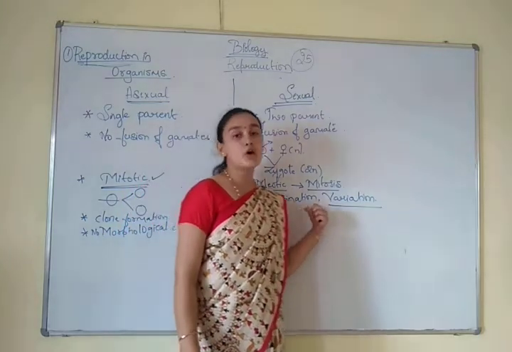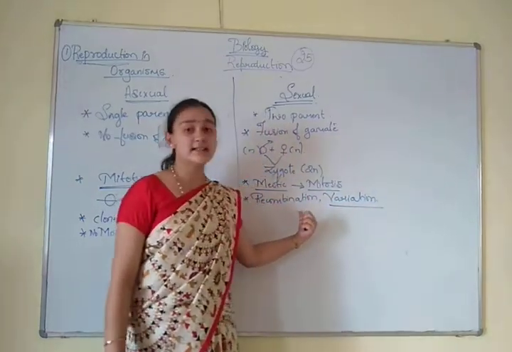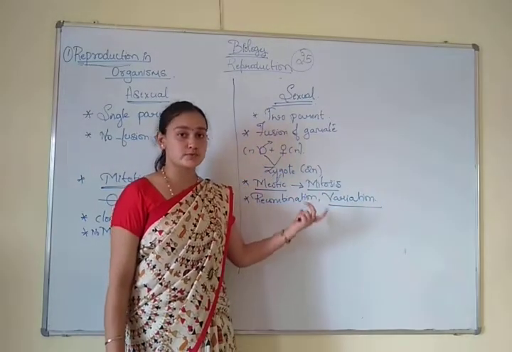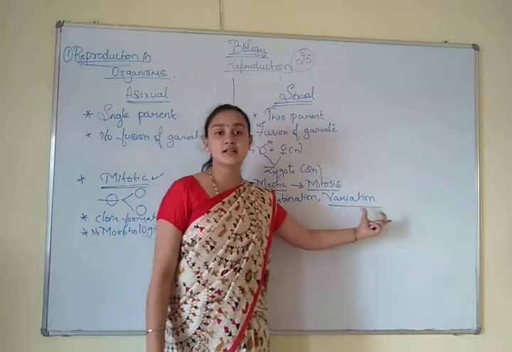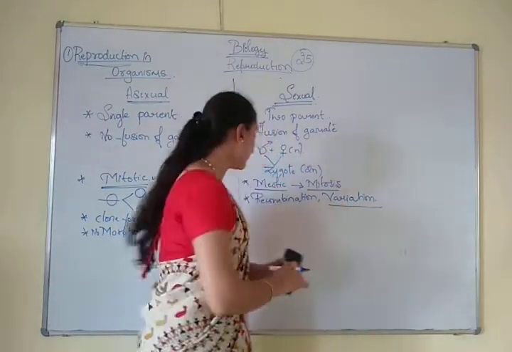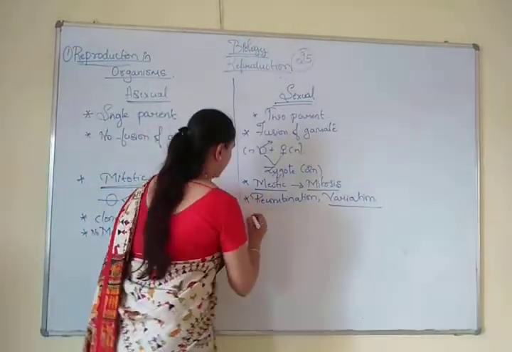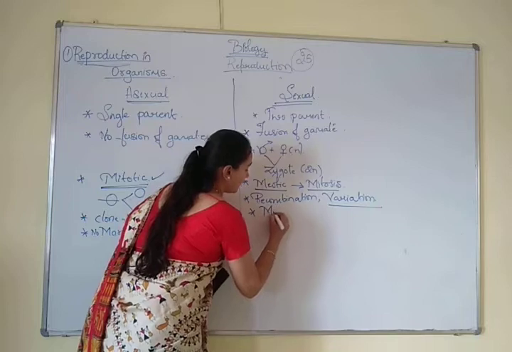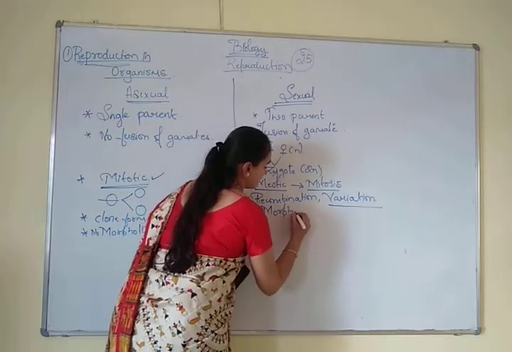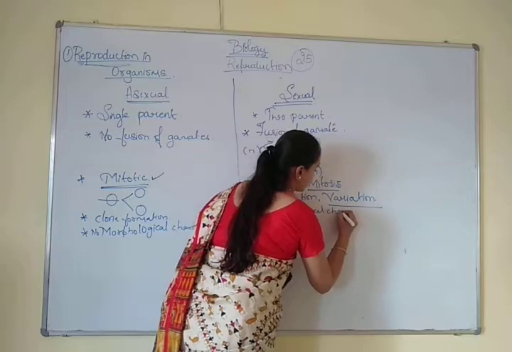Why is there changes? Because there is a recombination that takes place between the genes, between the chromosomes. Understood? So which results in the variation. ಇಲ್ಲಿ variation ಇರೋದ್ರಿಂದ, so there will be the morphological changes.